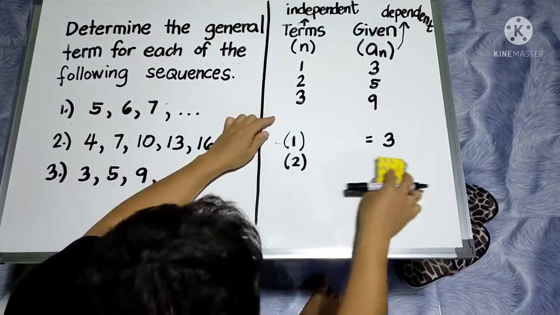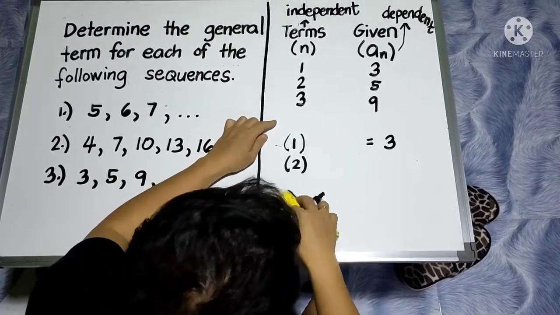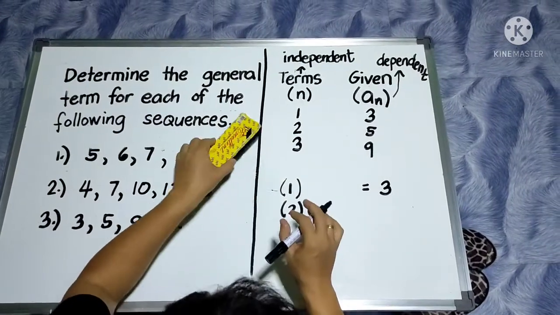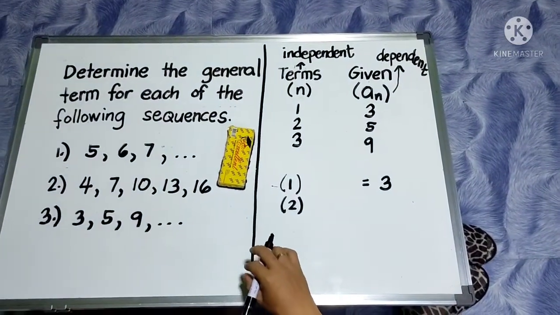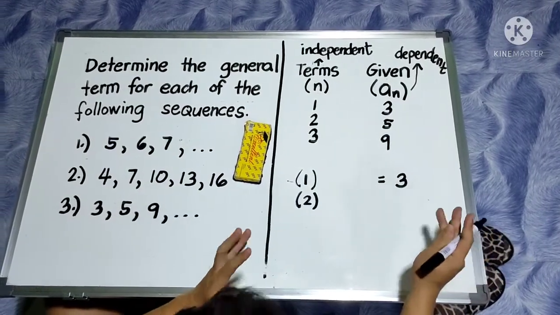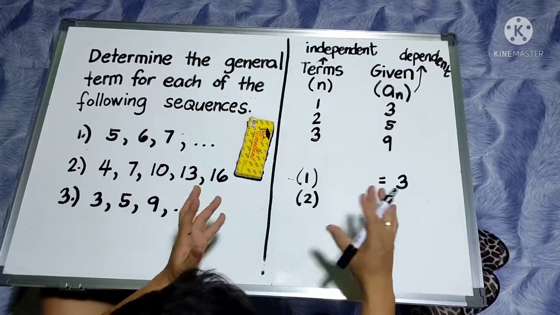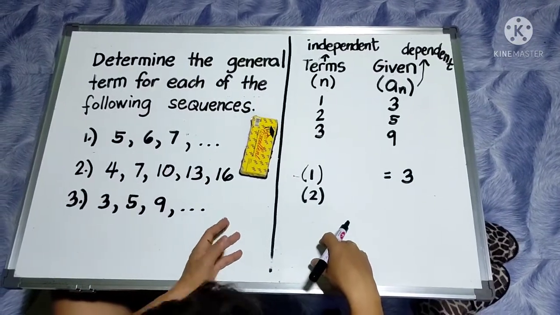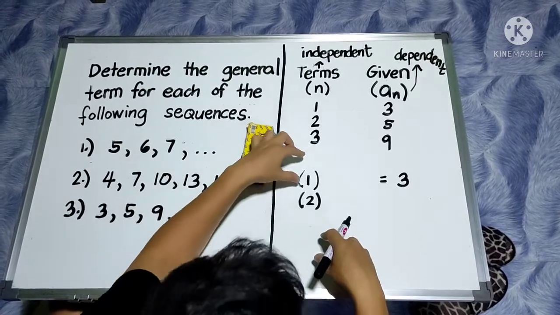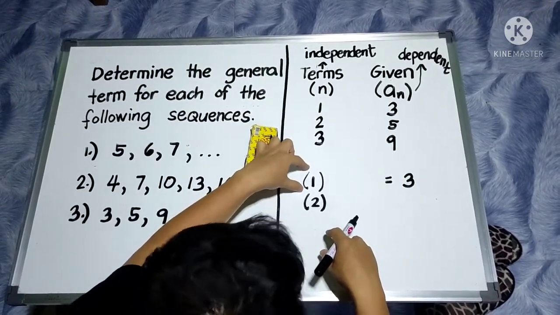That means there will be a combination of operations. Combination of operations. So, most probably, you will be multiplying it with a number and then add with another number. So, let's start with multiplying it by 1.